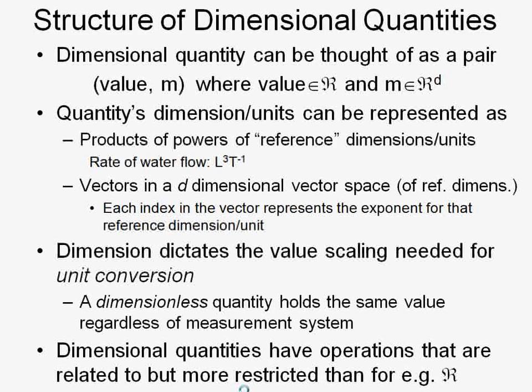Okay, so this is cubic liters per unit time. Cubic gallons per unit time could be another one. This is rate of water flow. Here we have some units to the third power.